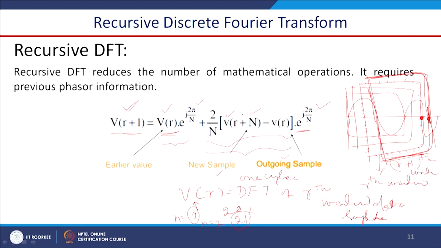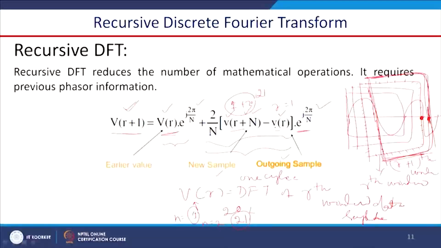The new sample I can write as VR plus n and this is my outgoing sample. Okay. So, if r is equal to 1 and n is equal to 20, then 1 plus 20, that is 21, is my new sample and 1 is the old sample. So, the old sample is discarded and the new sample is entered into the window.